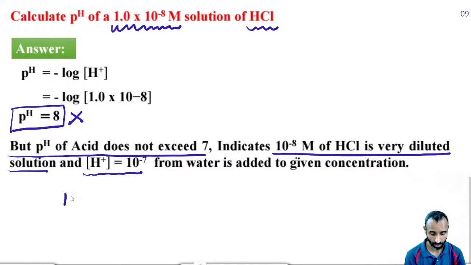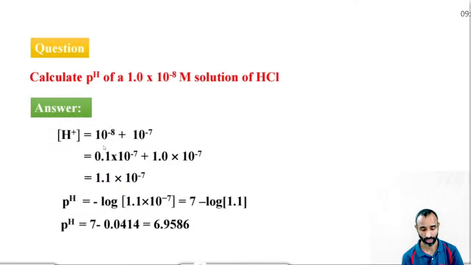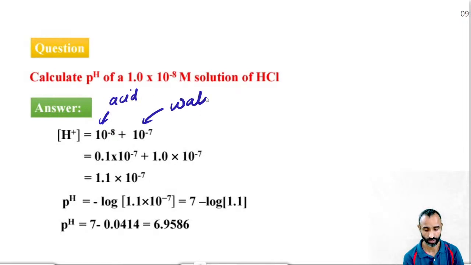So keep in mind, if it is from 10 raised to power minus 6 to 10 raised to power minus 8, we have to add the contribution from water. So to calculate, this is H plus ion from acid, and this is H plus ion from water. We cannot neglect H plus ion concentration from water, because the H plus ion we get from acid is less than we get from water.